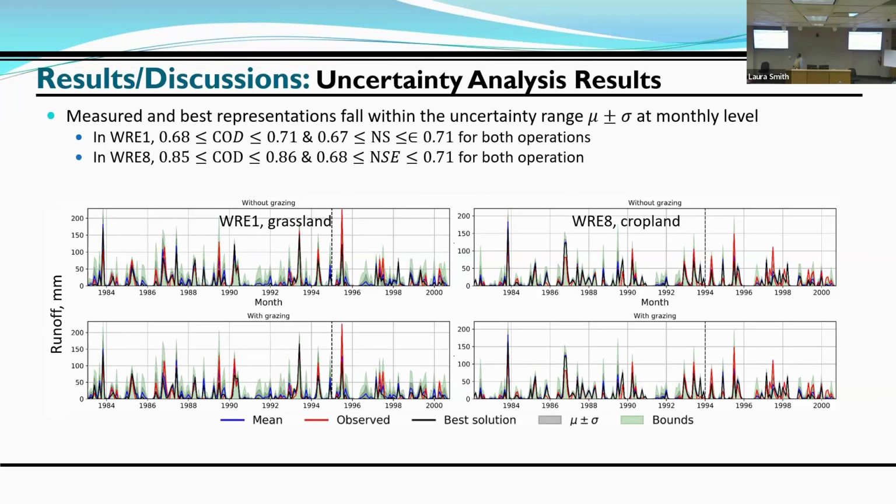So we presented only mu plus or minus one standard deviation. Overall, if you look, the coefficient of determination and Nash-Sutcliffe efficiency fall within the monastic criteria, and as expected, both the observed set and the base solution fall within the range of mean plus or minus standard deviation.